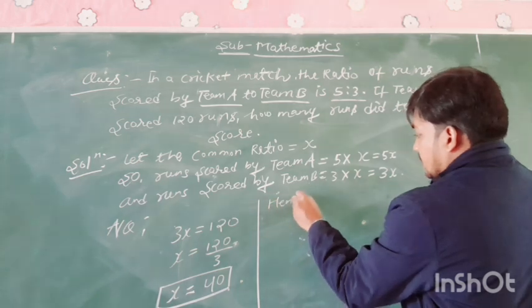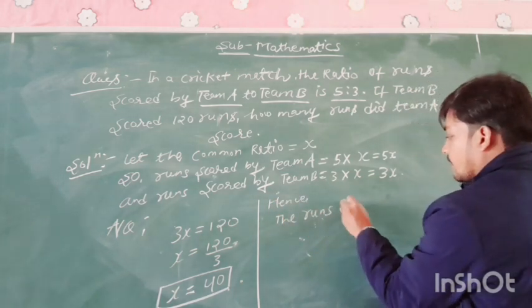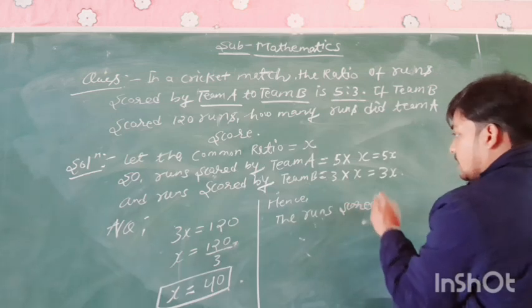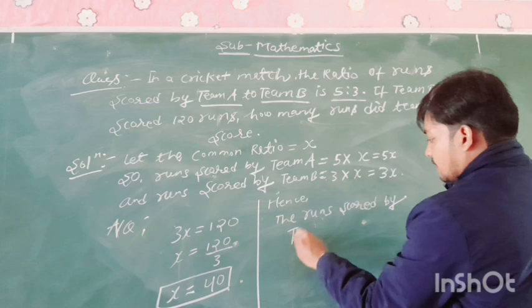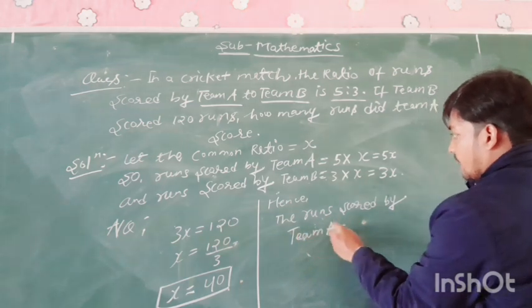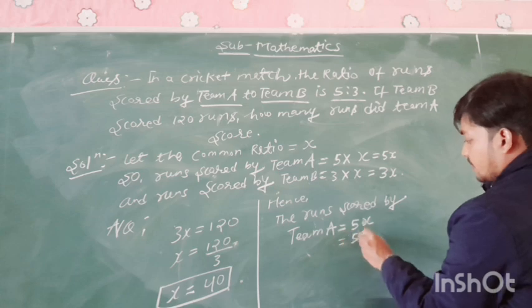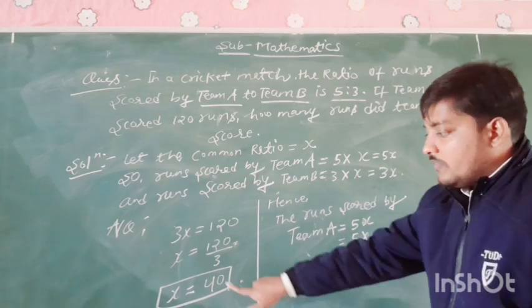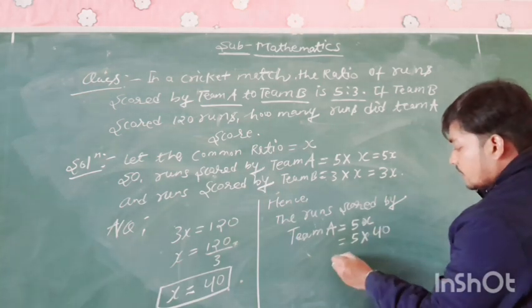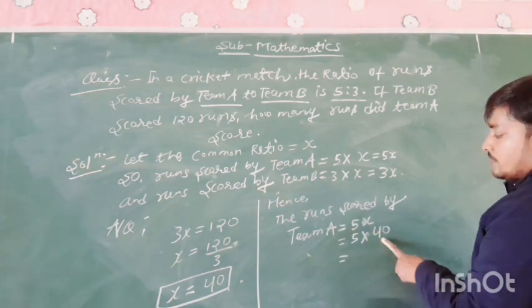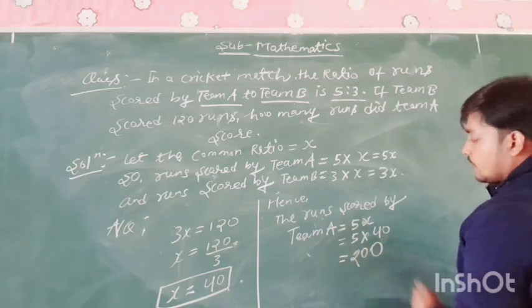Hence the runs scored by team A is equal to 5x, 5 into the value of x, which is 40. 5 into 40, the product of 5 and 40 is 200.